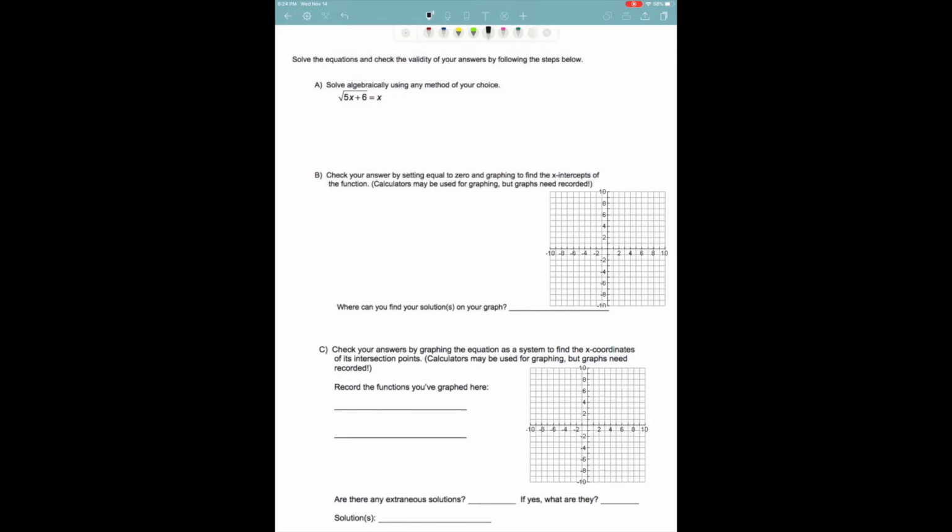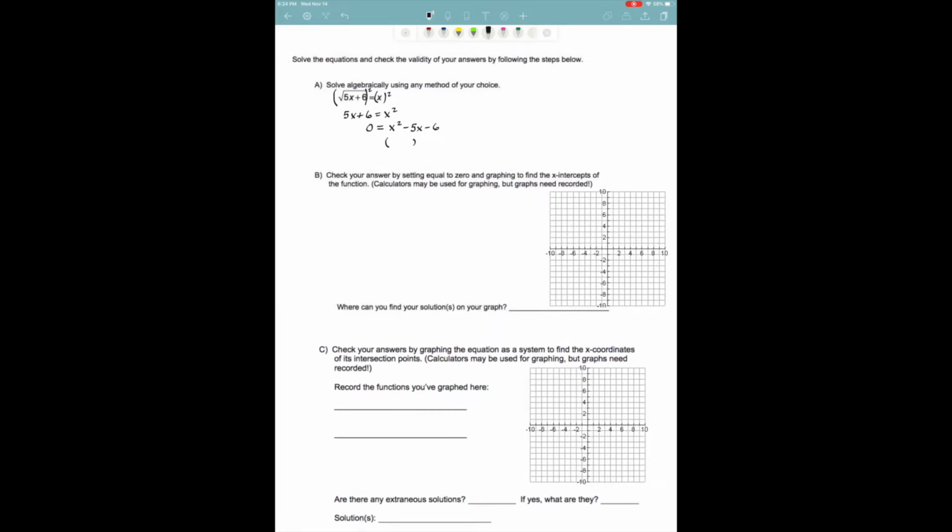Since the square root's by itself, I'm going to go ahead here and square both sides. We have 5x plus 6 equals x squared. Now, since it's quadratic, we're going to set it equal to 0. I'm going to subtract the 5x and the 6 from each side. So we should have 0 equals x squared minus 5x minus 6.